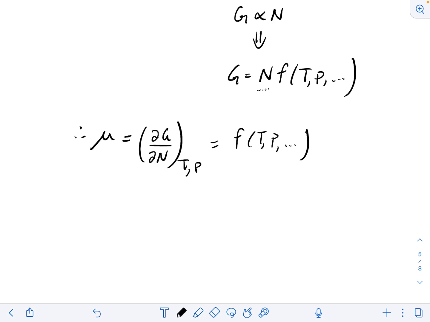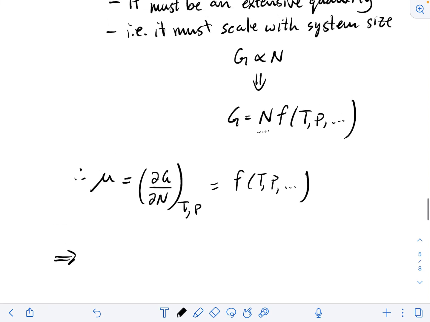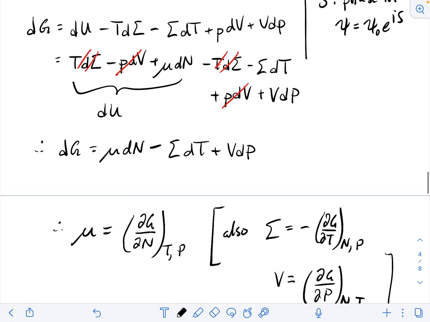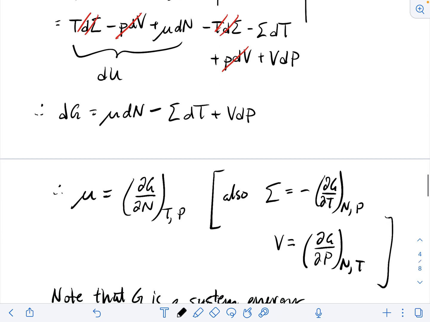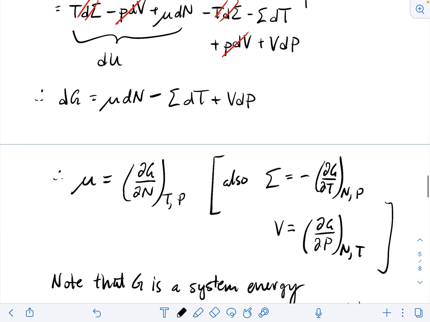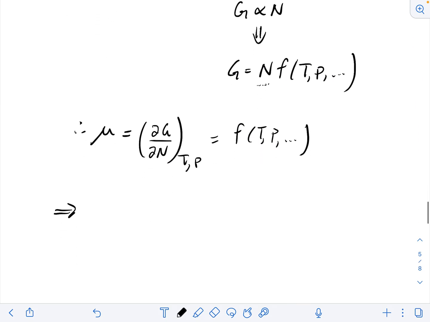We see here now that mu, the chemical potential, by this logic, is just equal to f.